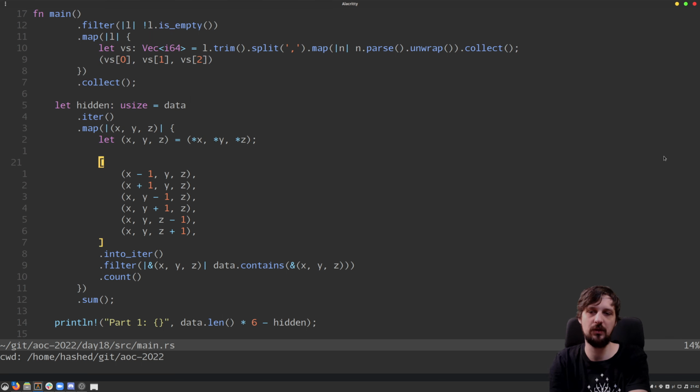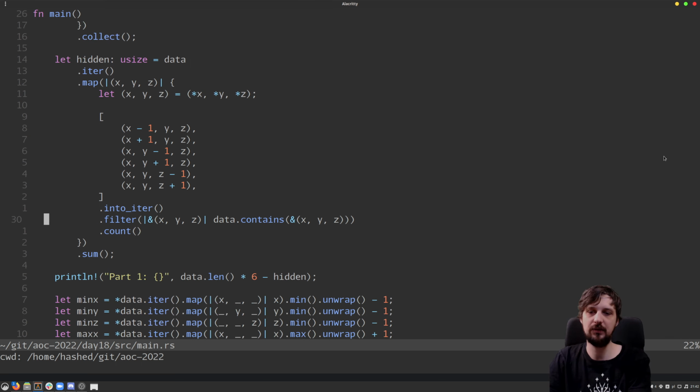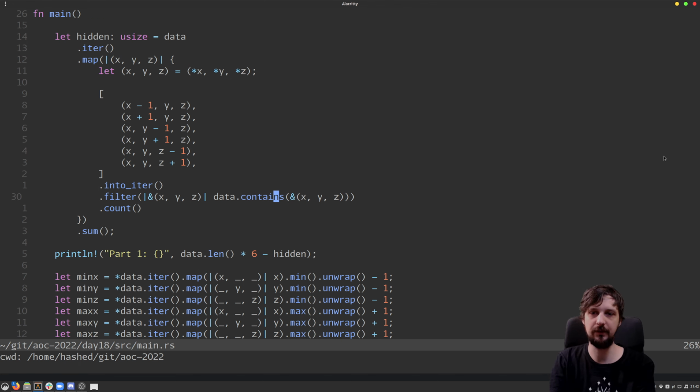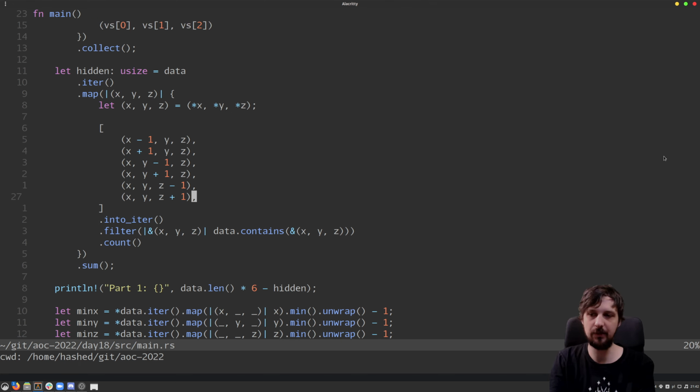So I just created this array of neighbors, I iterate over it, and I filter those which are in my dataset. My dataset is my points. If my neighbor is in this dataset, that means we share a face.